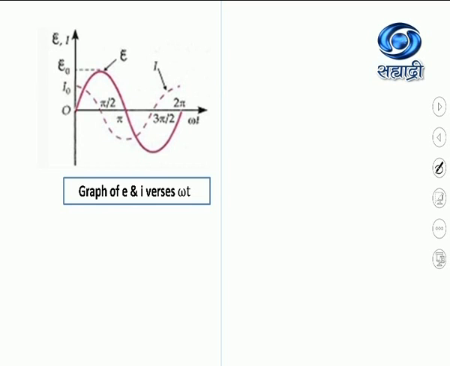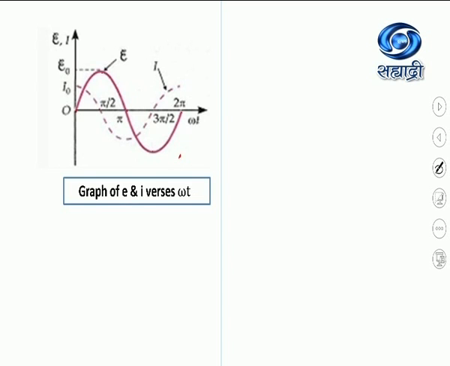So the variation of EMF with respect to phase is like a sine function. Initially at the instant t equal to 0, or phase 0, the EMF value is equal to 0. EMF is maximum when the phase is pi by 2. EMF is again 0 when the phase is pi. EMF is maximum on the reverse side when the phase is 3 pi by 2, and EMF is 0 when the phase is 2 pi.